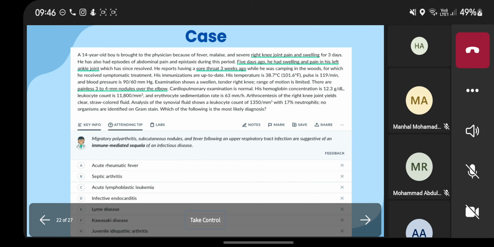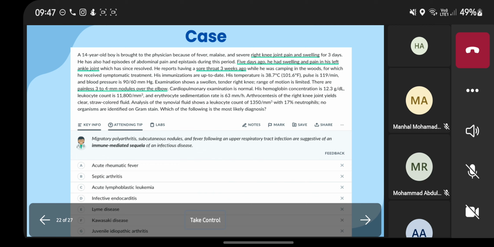Leukocyte count is 11,800, and his erythrocyte sedimentation rate is 63. Arthrocentesis of the right knee joint yields clear straw-colored fluid. Analysis of the synovial fluid shows a leukocyte count of 1,350 with 17% neutrophils. No organisms are identified on Gram stain.